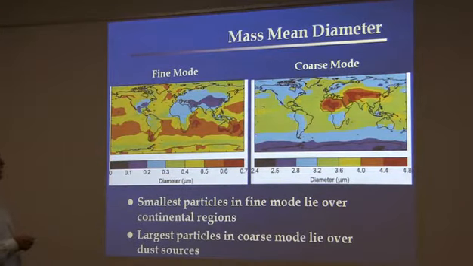And here you see the particle distribution in the northern hemisphere. Look at that. This is in the continent, and the larger particles, all the oranges and whatnot, are basically coming from dust. So these are mechanical sources, dust and whatnot, and these are chemical sources.